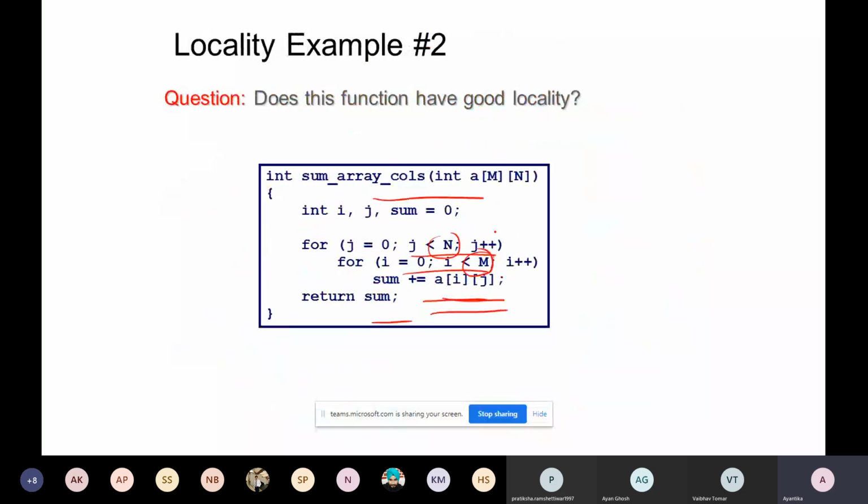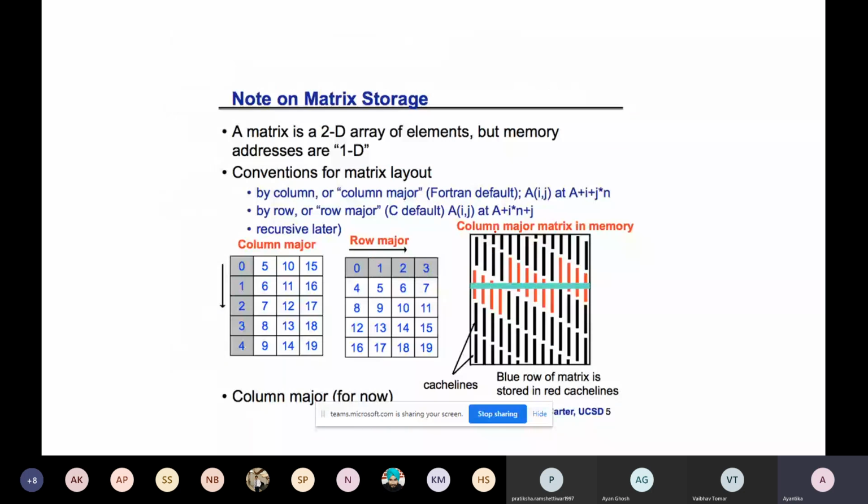Now the question is, whenever we are storing these 2D matrices, different platforms, different processors, and different languages like C and Fortran, their compilers store these arrays in different ways. In the case of C, it stores the matrix in row major order, 0, 1, 2, 3, and so on.